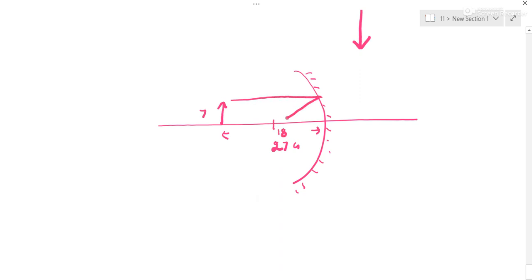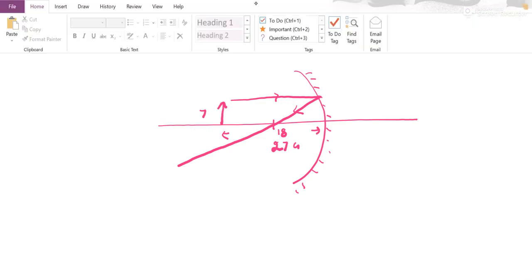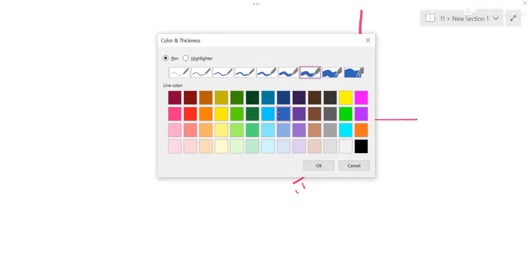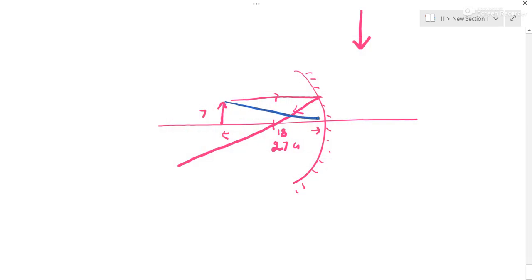First ray parallel going to focus. Second ray, whichever you wish, you can take. So it is forming at -54, sorry. And you can see this is double. So you can draw a ray diagram always.